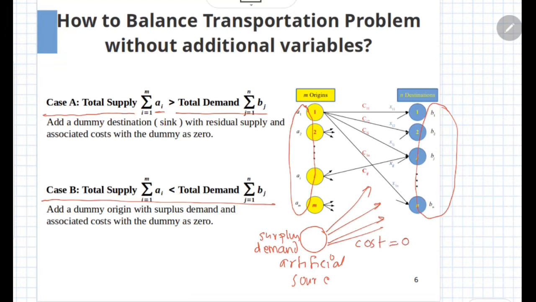So in this way, we can convert the problems which are of inequality type or unbalanced transportation problem into a standard transportation problem. Once the problem is brought to balanced transportation problem, the techniques of transportation problem can be applied to it. Let's see how it is done.